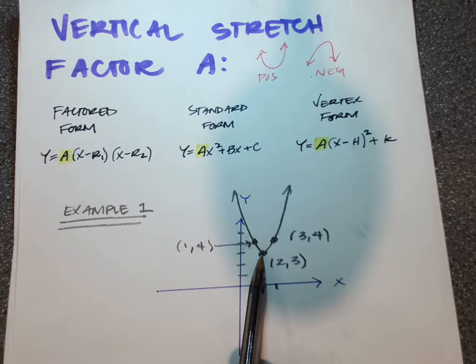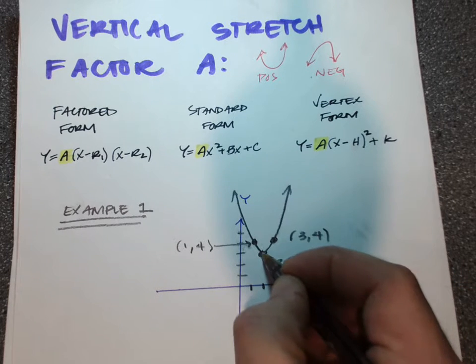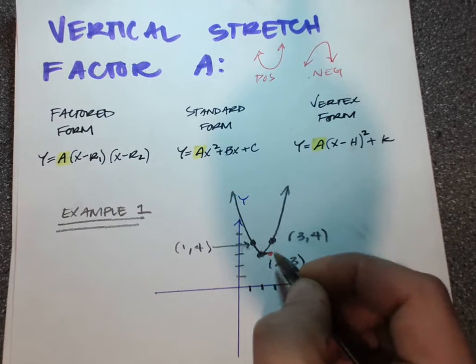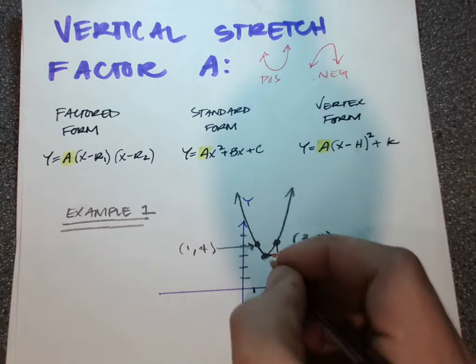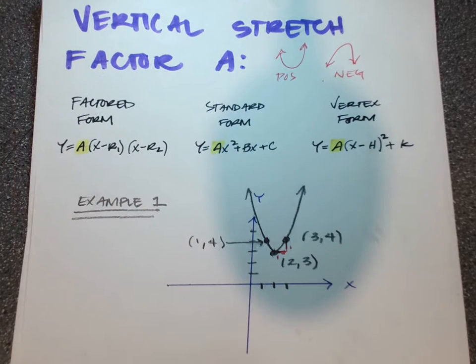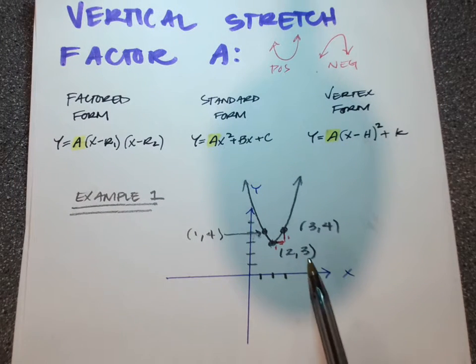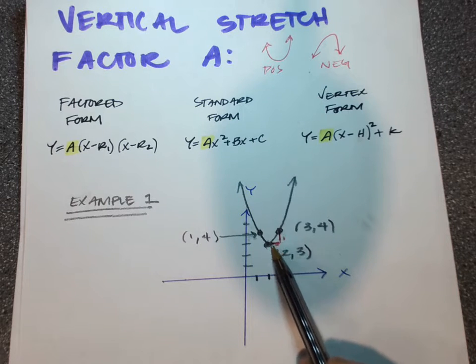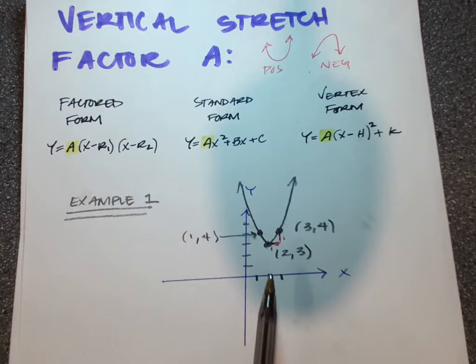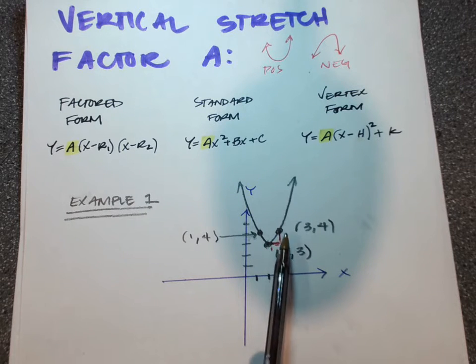If you examine the vertex and take one full step to either side, left or right, we would have to go up one to reach that next point. That's a 1-to-1 proportion, and every normal parabola has that particular proportion. So if you measure from the vertex, the next major point should be over 1 and then up 1.